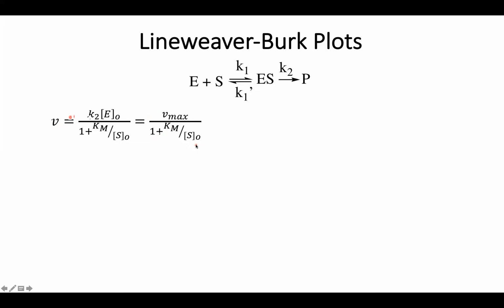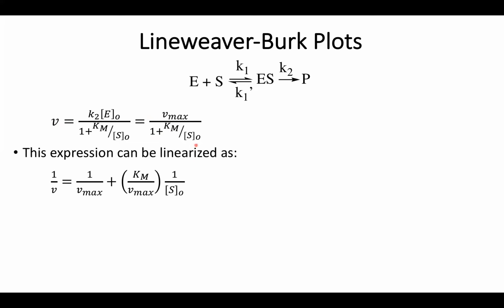So because we love to make these systems rather simple to graph and extrapolate, we can essentially linearize this equation as 1 over V is equal to 1 over Vmax plus the Michaelis constant over Vmax times 1 over the substrate concentration.